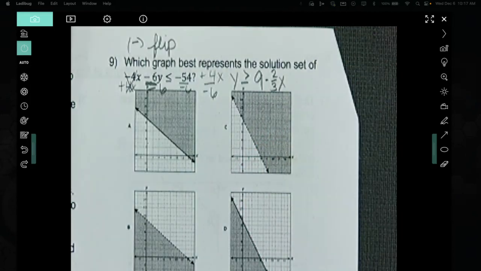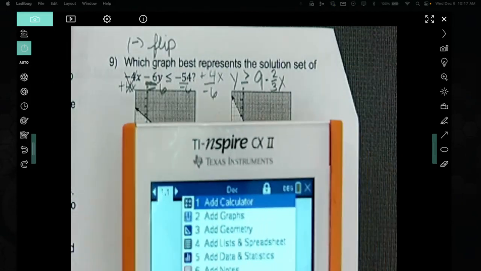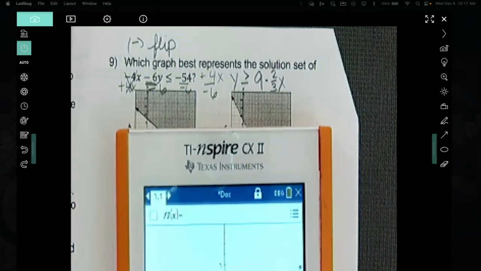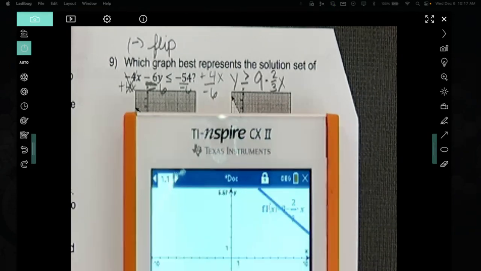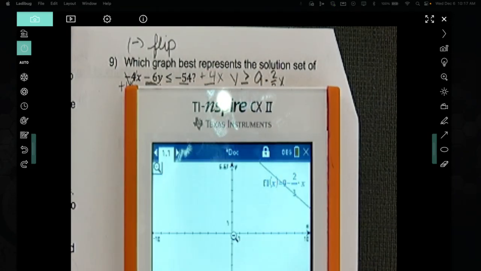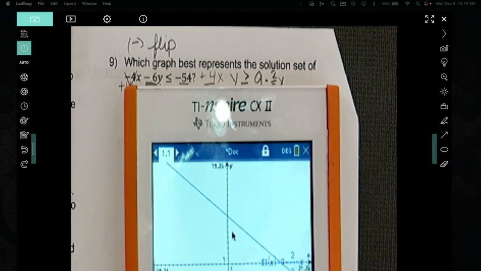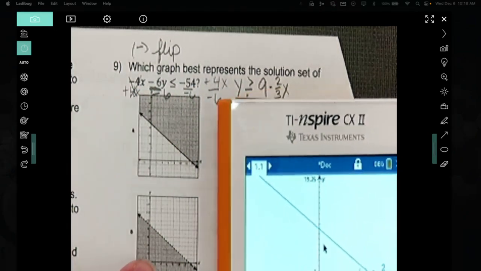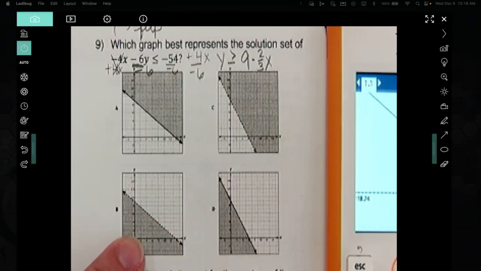Negative divided by a positive. You could leave that a fraction if you wanted, or you could simplify it. So we can go ahead and we can graph that to see what it looks like. You cannot graph the inequality, but you can graph the equation. All right, you can do menu 4 and zoom out. So it is going down. Now all of them are going down, so that's a plus.